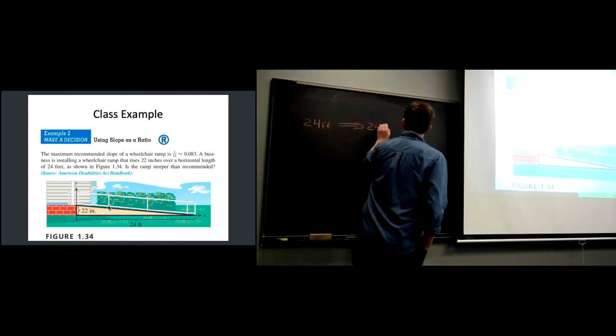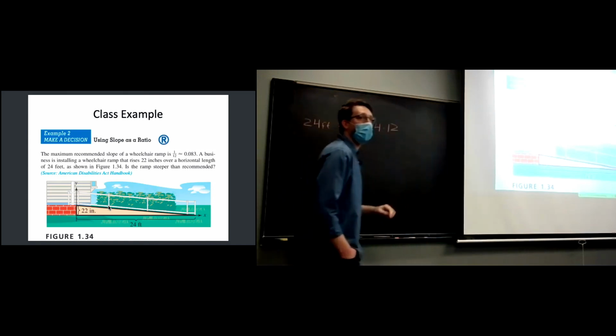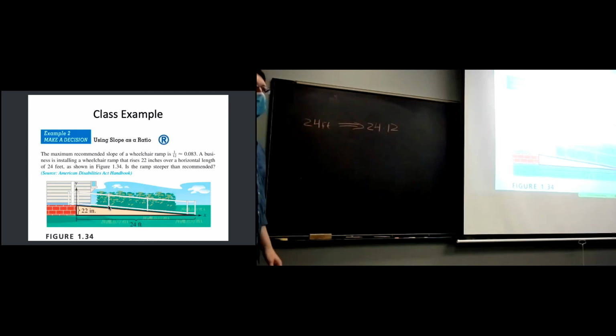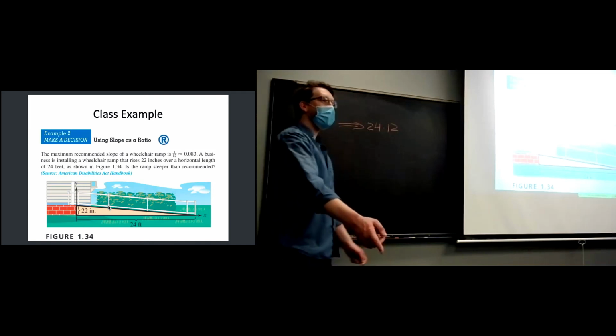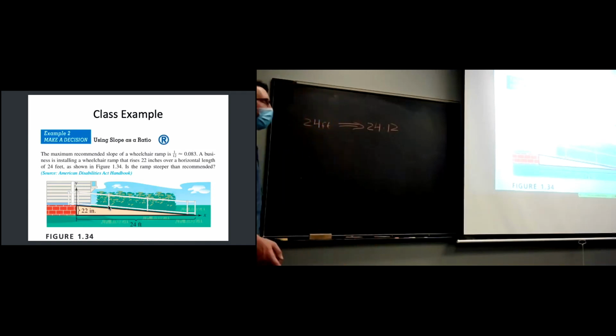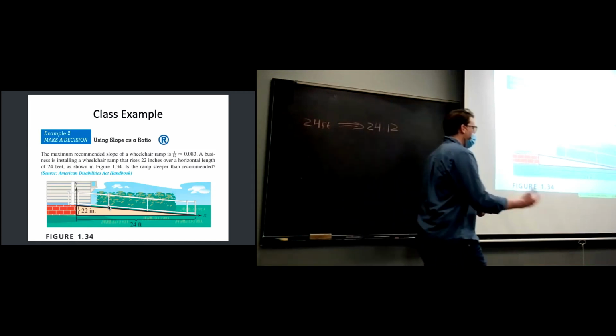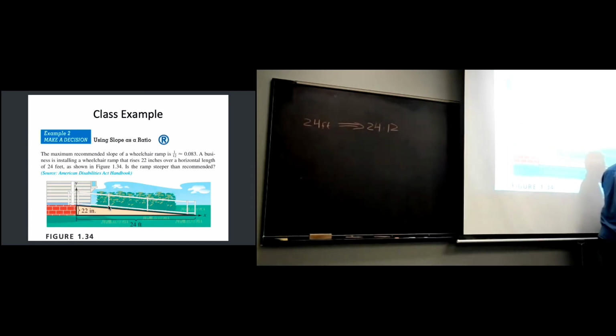Anybody have a calculator? Because I am not doing that in my head. 24 times 12. 12 times 12. 144. Yes. Times 2. Oh, you're right. Good catch. This brings another point. If you can find tricks like that to help do the arithmetic, definitely do that.